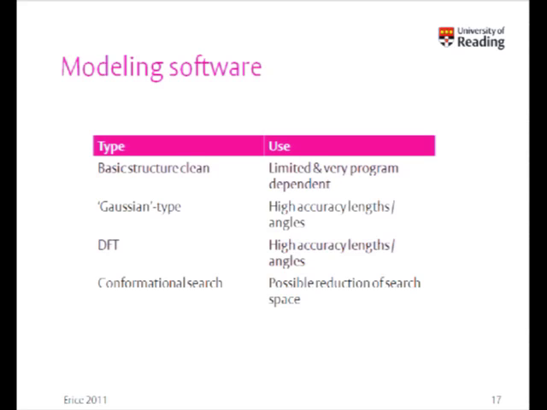Something of a Gaussian type optimization is going to give you a molecular structure with higher accuracy, bond lengths and angles, but of course it won't give you the conformation. That's something that we'll find out in the global optimization. DFT will do that to even higher precision, but as we've heard, not always necessarily the easiest thing to use. And there are various programs around to do conformational searches that may give you clues as to how the molecule might fold.